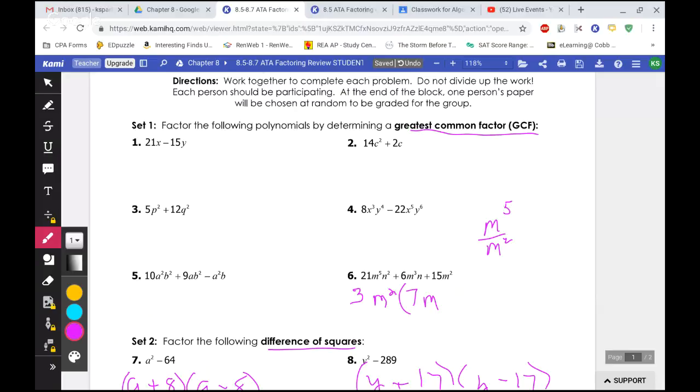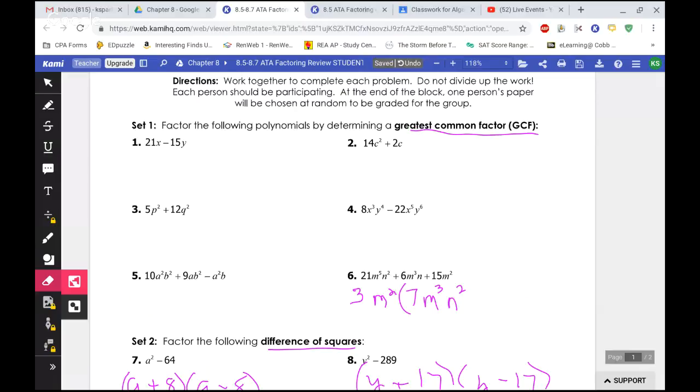Five minus 2. 3. Good job. And we're not taking an n out, so I have to write that n squared because it's not being divided.